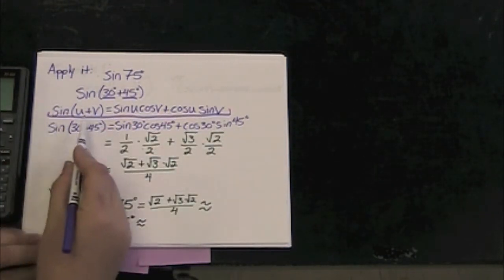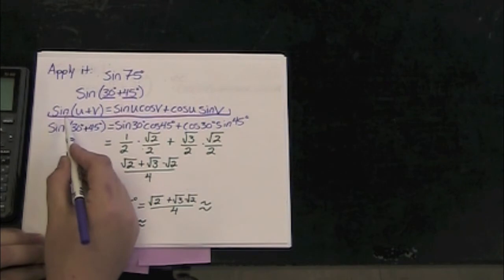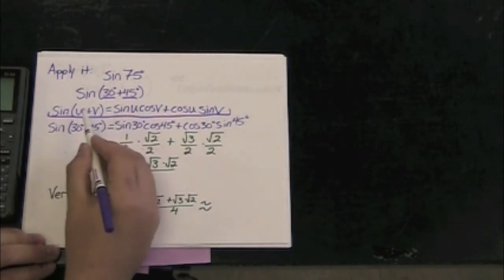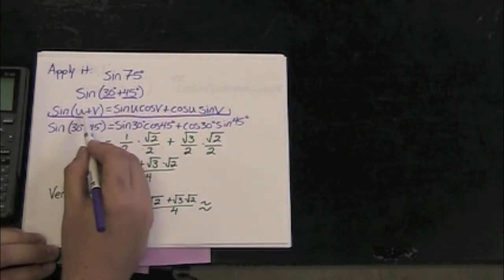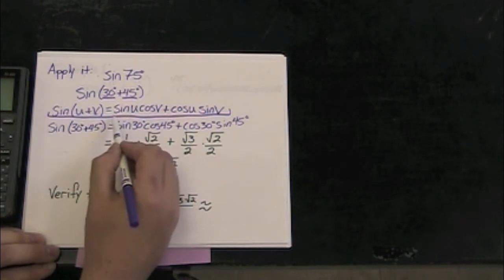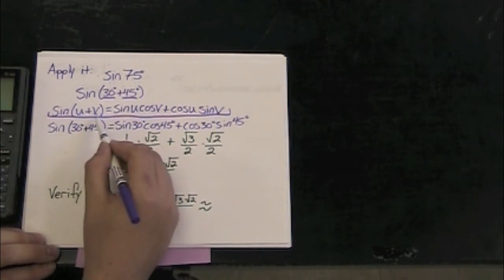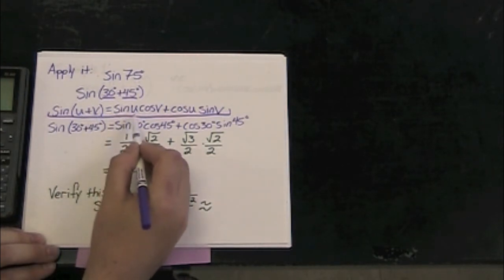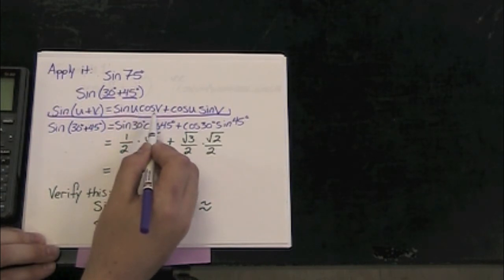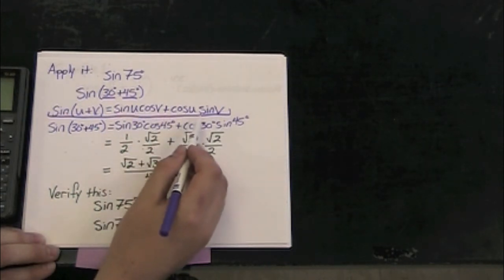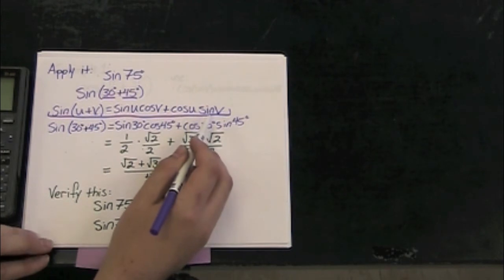What I've done here is just copied down the sum of two angles sine formula, with those two angles u and v, and sine of the sum of those angles equals sine of u times cosine of v plus cosine of u times sine v.